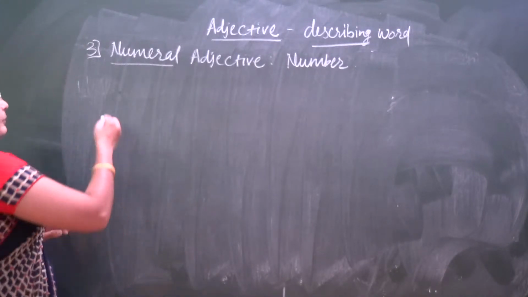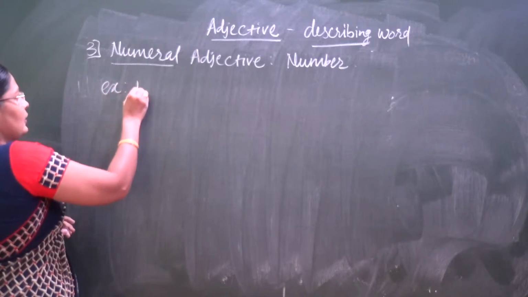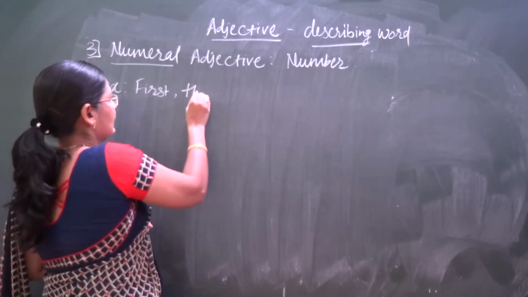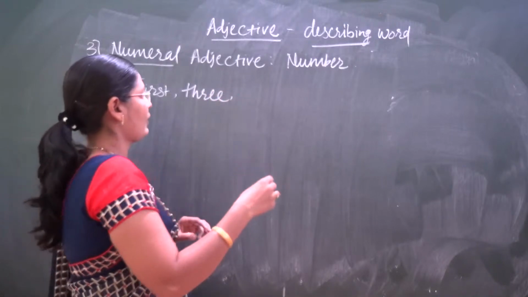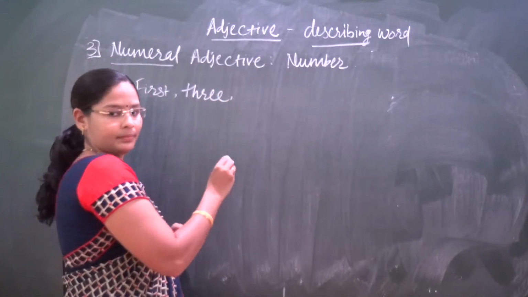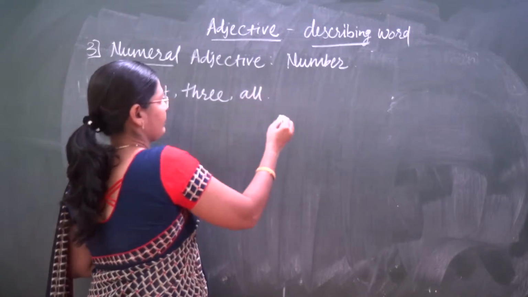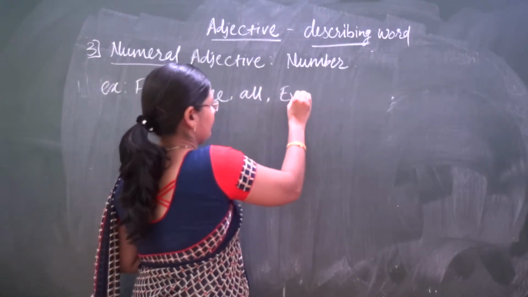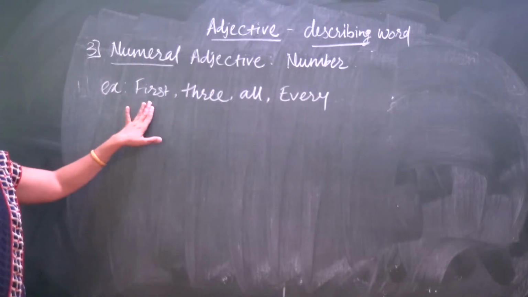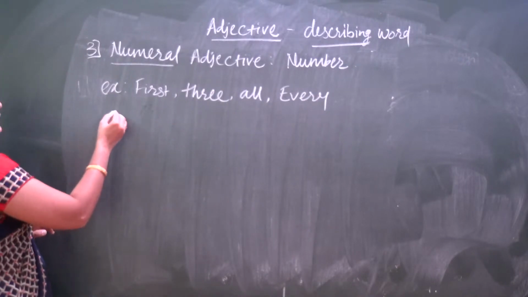For example, first, 3, all, every. So these are the numeral adjectives.